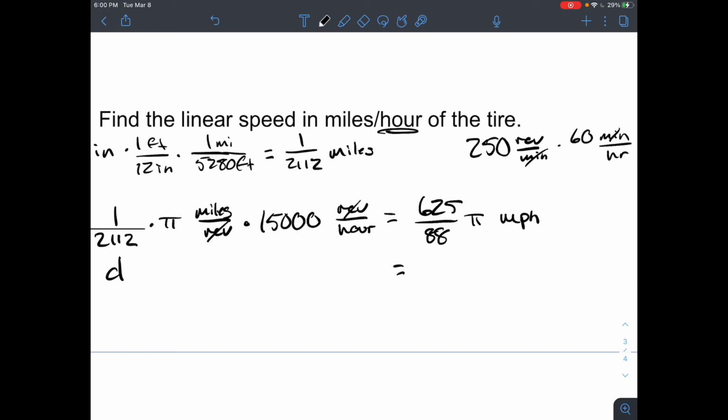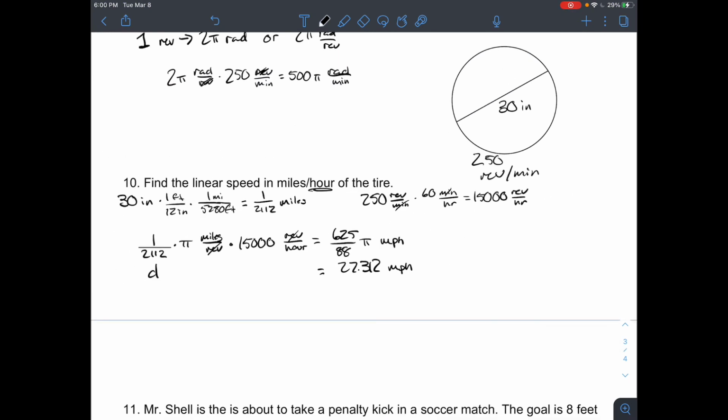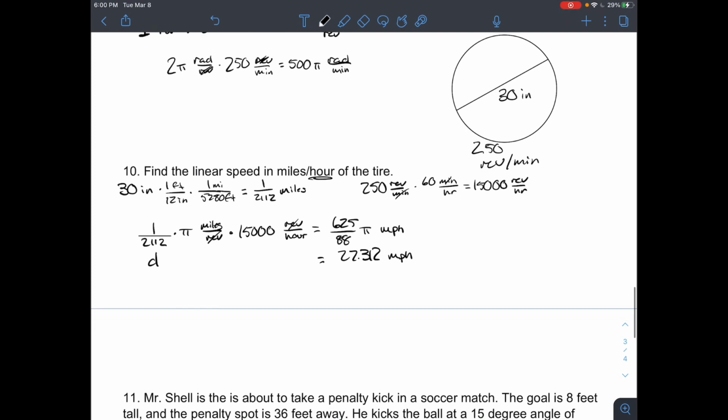So this is about 7.10. Nope, that's without the pi. So if we multiply our answer by pi, we get about 22.3. 22.312 mph. All right, sorry about that. That's a little calculator trouble, but we should be good to go there.